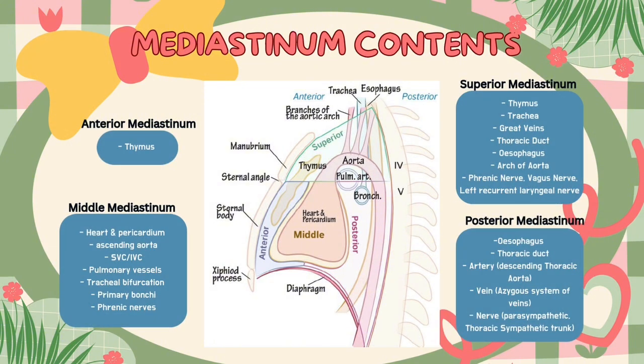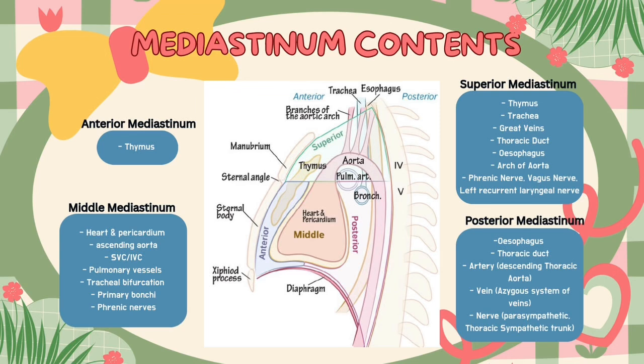Next, the mediastinum contents. Firstly, the anterior mediastinum. The anterior mediastinum is the smallest division of the mediastinum. It is located in front of the pericardium and behind the sternum. It may contain the thymus gland, which plays an important role in the immune system, especially during childhood and adolescence.